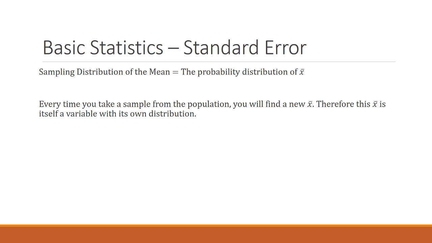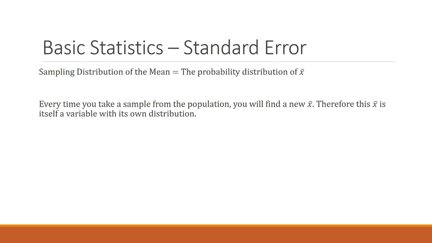But every time we go and collect a sample, that sample will have different characteristics. If we go to northern Ghana and we collect a sample of 1,000 farmers, that sample of 1,000 will have a certain mean, a sample mean.